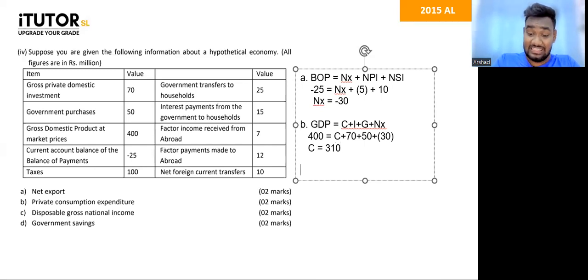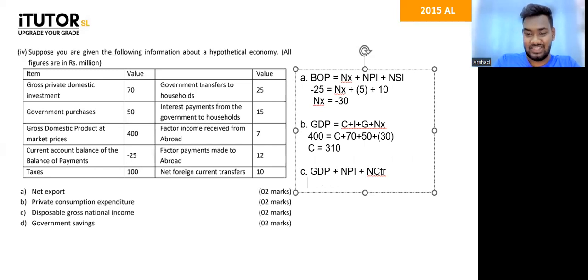Then part C. Part C is saying disposable gross national income. How do you do that? GDP plus net primary income gives GNI. GNI plus net secondary income or net current transfers, you get disposable GNI. So how much is disposable GNI? GDP is 400. Net primary income is 7 minus 12.